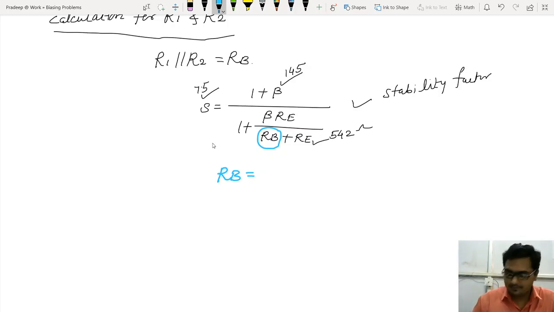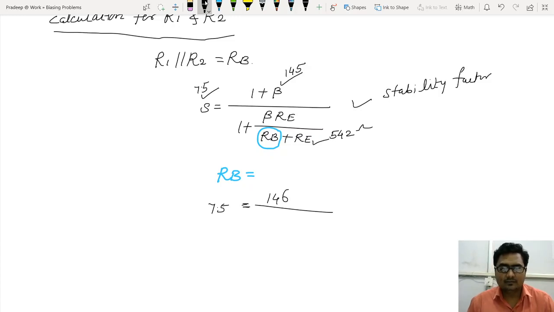Put in the 7.5. Okay, I'm not going to solve this as a whole. This beta is 145 plus 1, so it is 146. I'm going to write the direct value. It will be 1 plus 145 multiplied by 542 divided by Rb plus 542.